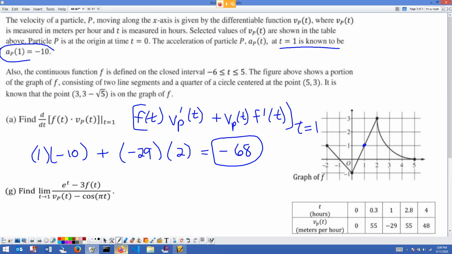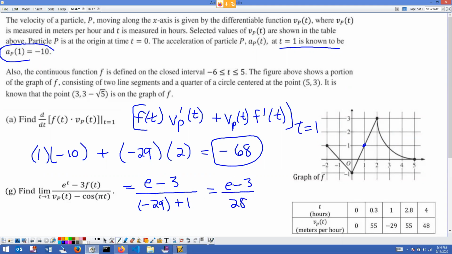This should be pretty straightforward because this ends up being e to the first power, or just e, minus 3 times f of 1, which is just 3, over v sub p of 1, which was negative 29, minus the cosine of pi, which is just plus 1. Since the cosine of pi is negative 1, subtracting it makes it a plus 1. We end up with e minus 3 over negative 28.